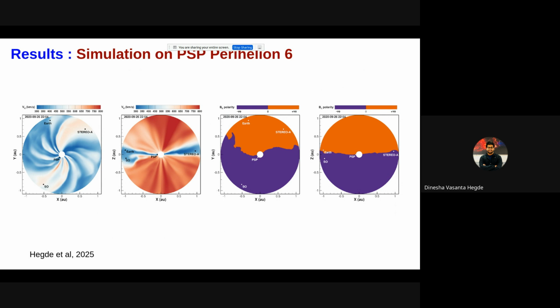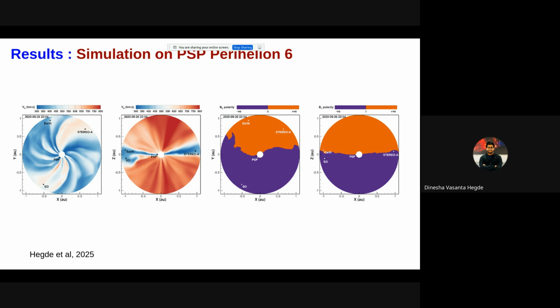Here are the simulation results, just as a glimpse for perihelion 6. The left two panels show the radial velocity in the equatorial plane for the first one, and the meridional or vertical plane for the second one. Then the polarity of BR in the equatorial plane, and then in the meridional plane.